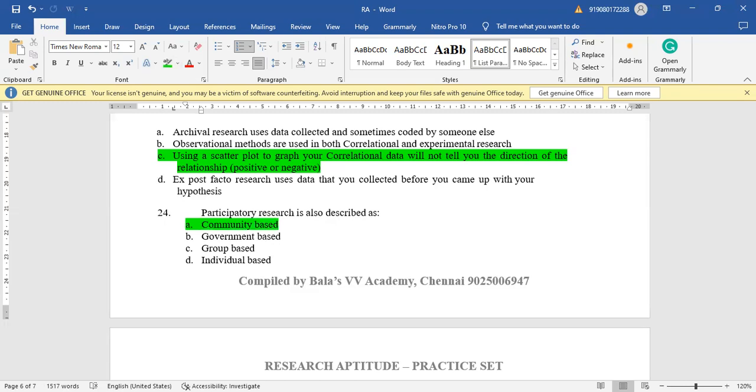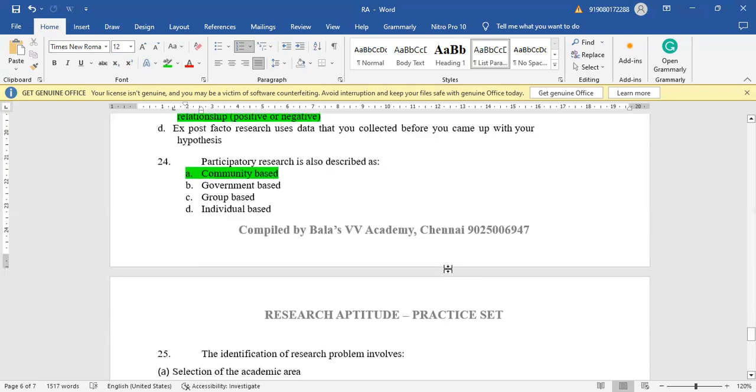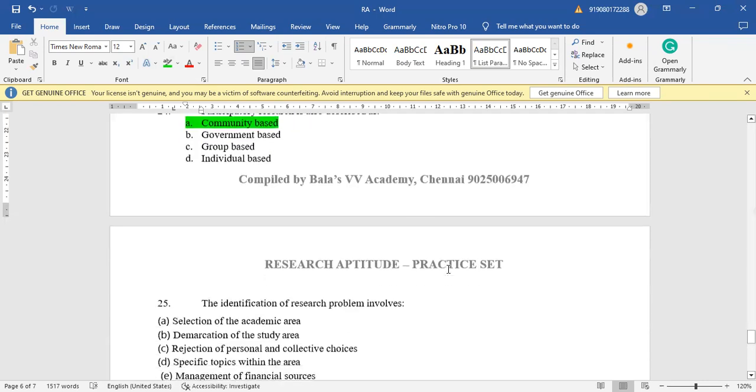A group will have people from the community, but a community will have a common goal. That is how you have to classify whether it is group or community. So individually it will not be, because we have said it is participatory. Participation means it's a team effort, not individual effort.